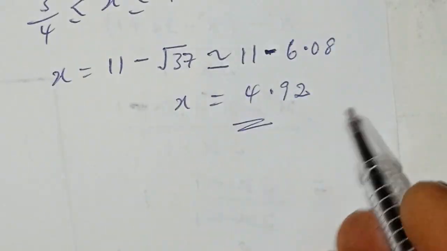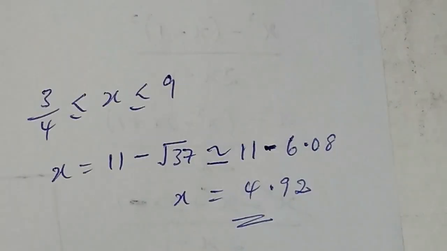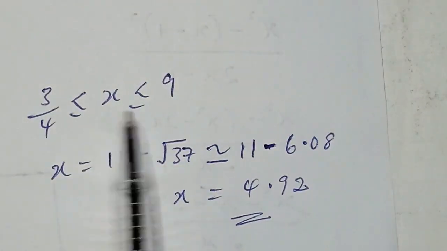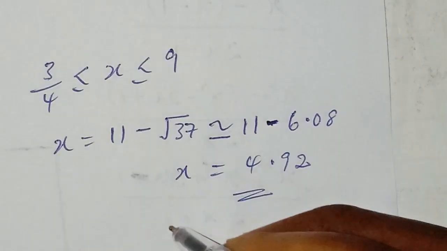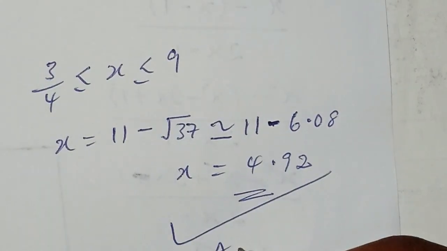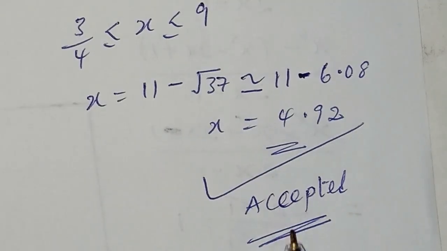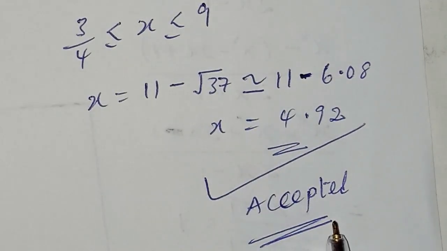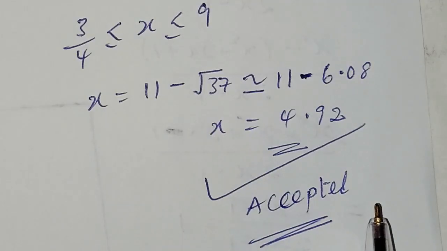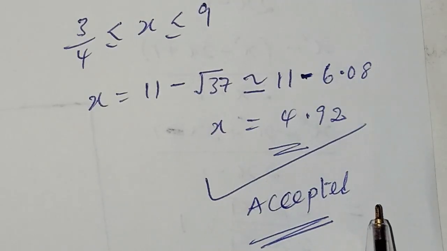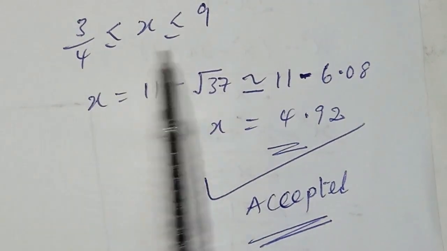It implies that this value can be found between this domain, which means this value is accepted. So this value is accepted while the other one is rejected or discarded. So we discard that because it does not fall between the domain.